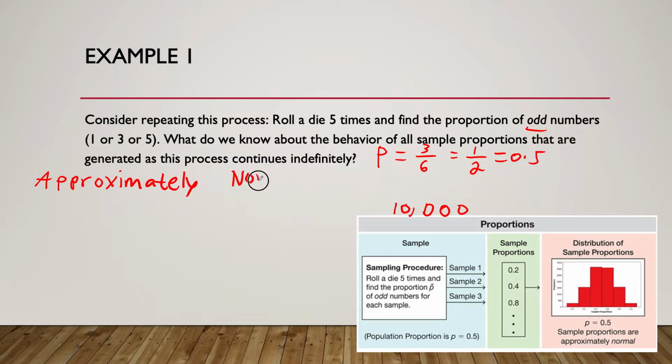Now I know it's hard to tell just by looking at this histogram, but if we found the mean of the sampling distribution of the sample proportion, it would also be equal to 0.5, the same as the population proportion. So as long as it's approximately normal, the population proportion is the mean of the sampling distribution of p hat.